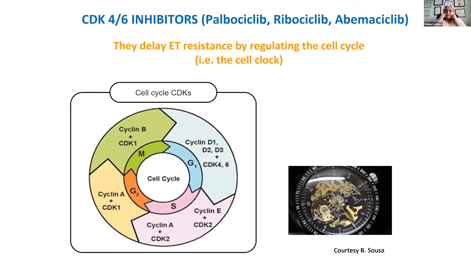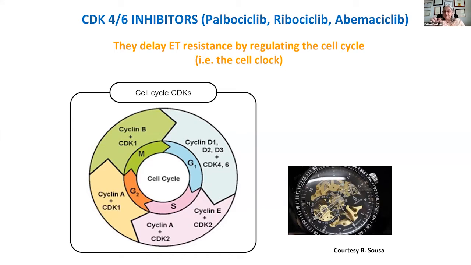Now, what is the mechanism of action of these CDK4 and 6 inhibitors? It's similar to chemotherapy. Their target is the cell cycle, but they function in a very specific part of the cell cycle where the cyclins that, let's say, regulate the cell cycle are involved. And not all the cyclins, as you can see there, just the 4 and the 6.